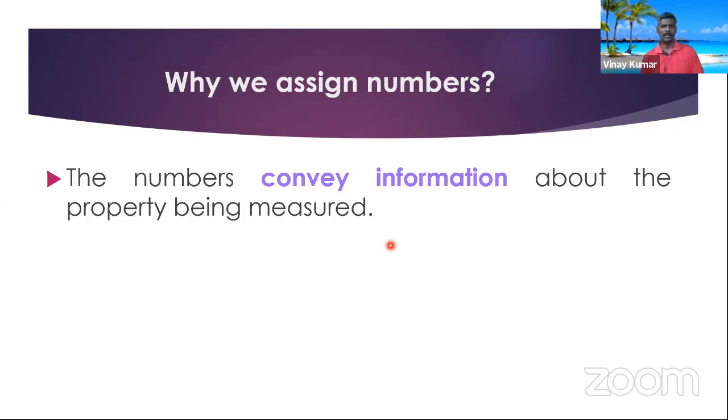It could be anything that the researcher has taken for his research. When he assigns the numbers to the phenomenon, it conveys some information, and that becomes very objective. It's very important. So we can avoid subjectivity, and it becomes very objective in the research.